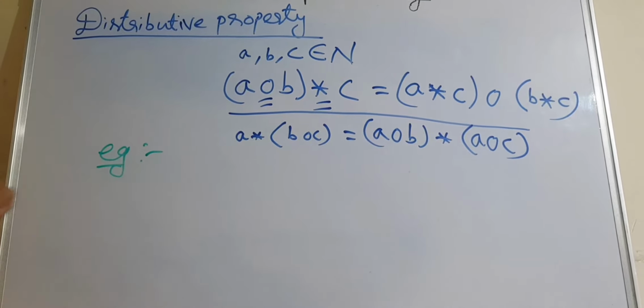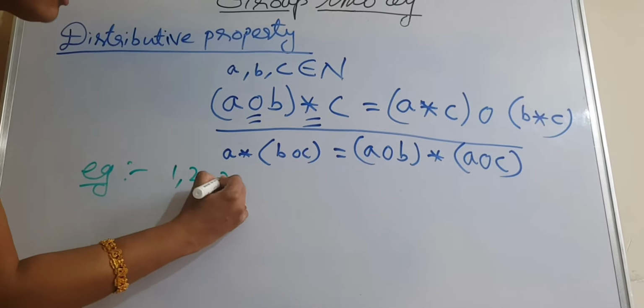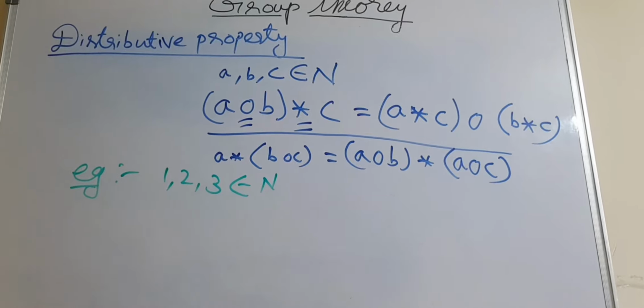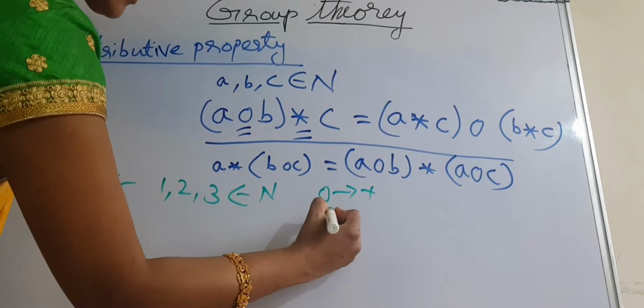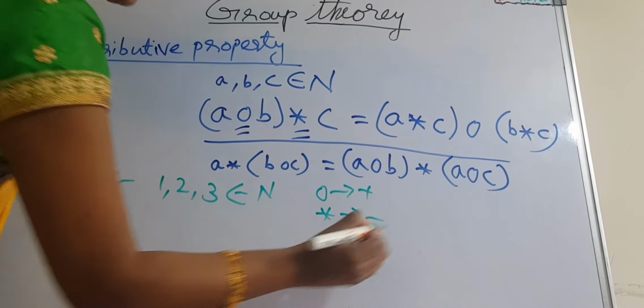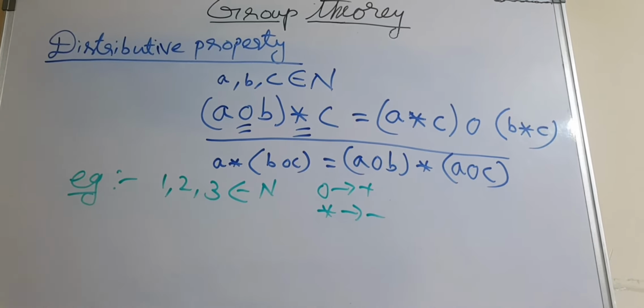We will see some example. I am taking 1, 2, 3 belonging to natural numbers. I am taking circle as plus and asterisk as minus. You can take any operation.